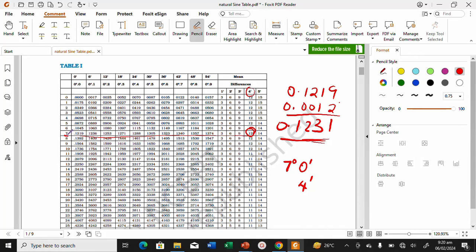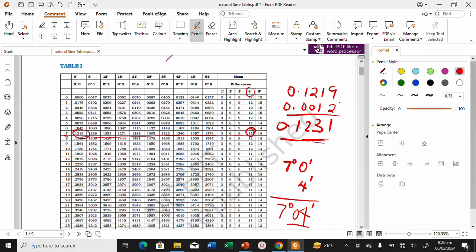While we have this at 7 degrees 0 minutes, if you add this 0 minutes with 4 minutes, you now have 7 degrees 04 minutes.